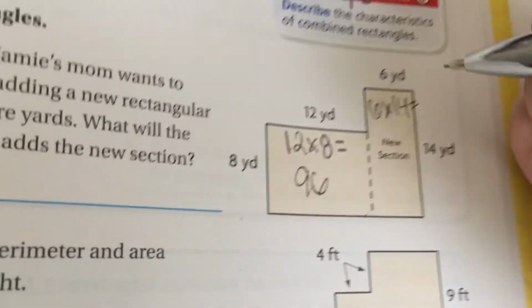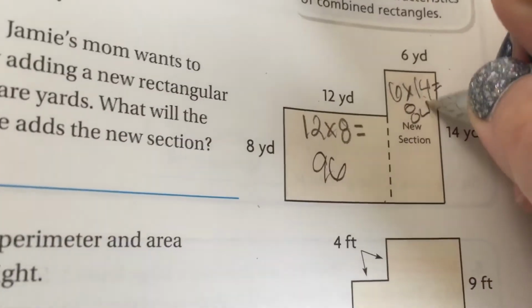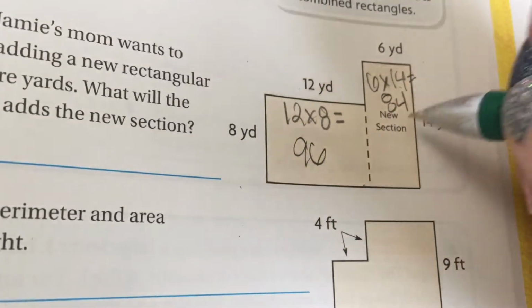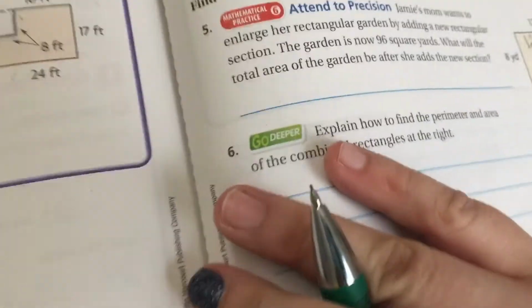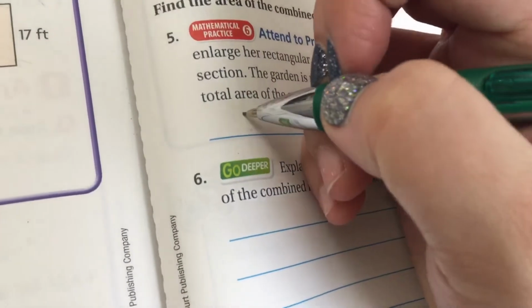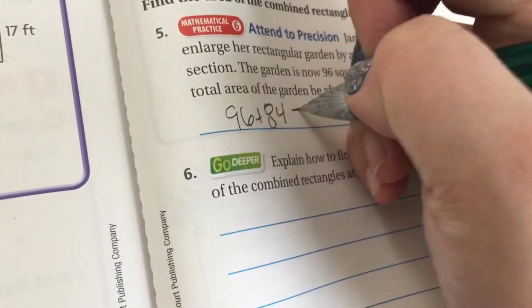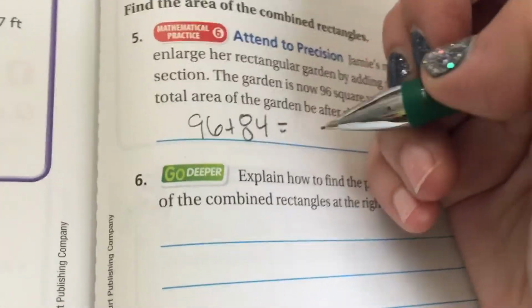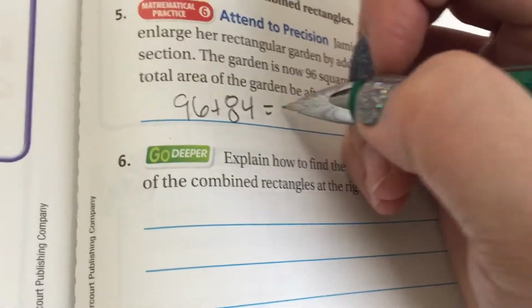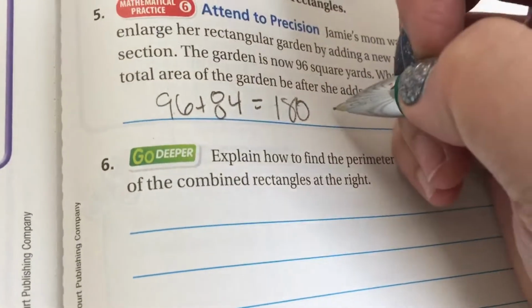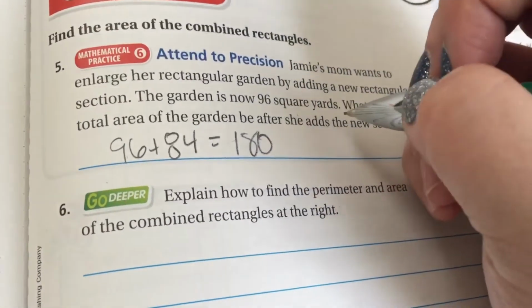And that would be 84. So 96 plus 84, old section plus the new section, would be 180 yards squared.